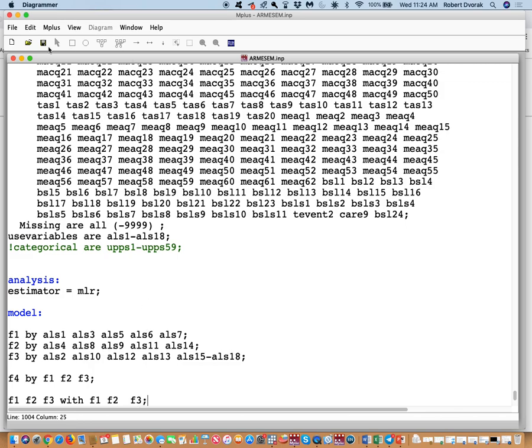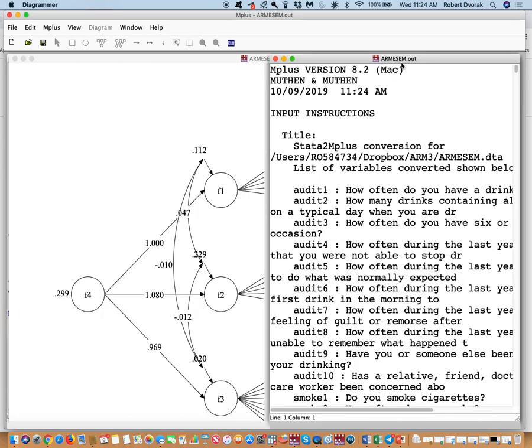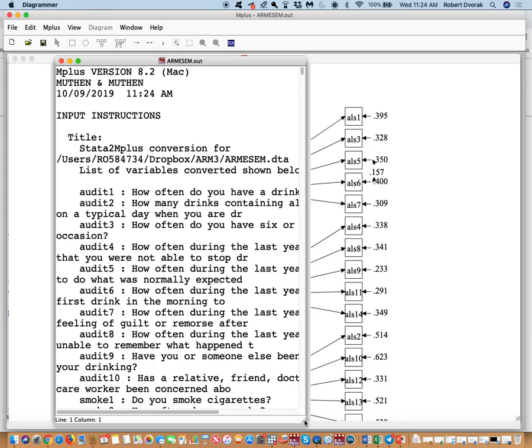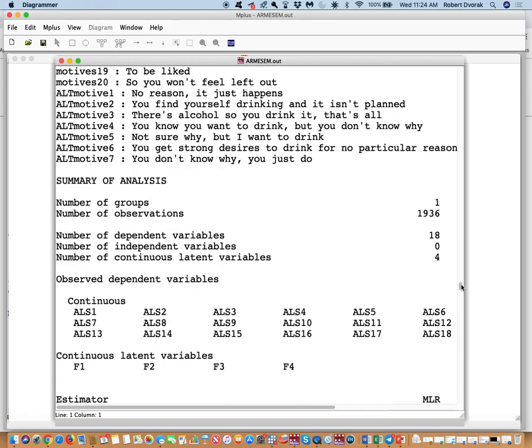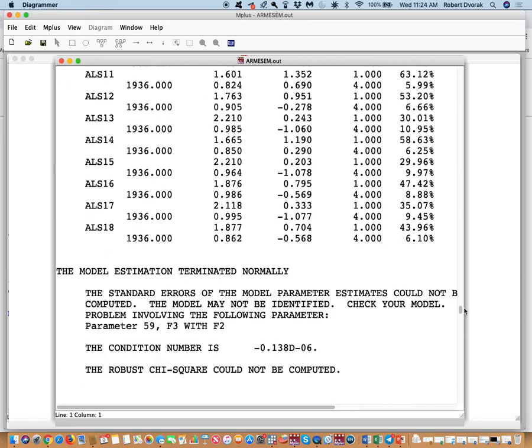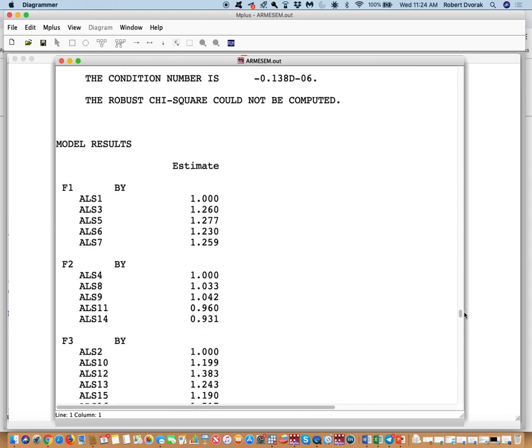Okay. I'm not positive that this will actually run. Let's have a look. So now we're allowing those things to covary and saying that there is a higher order factor structure here at play. Shoot. It didn't run for us. I kind of figured that might happen.